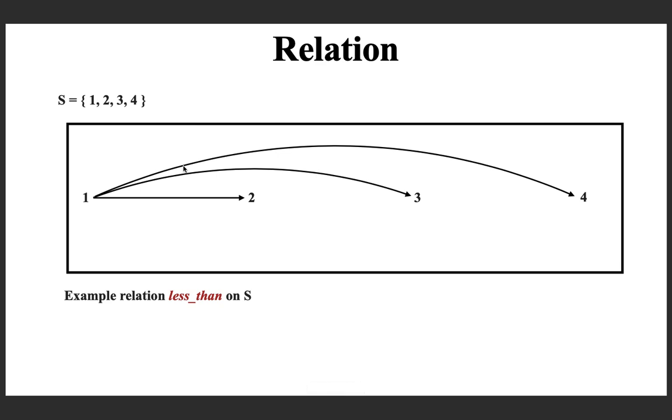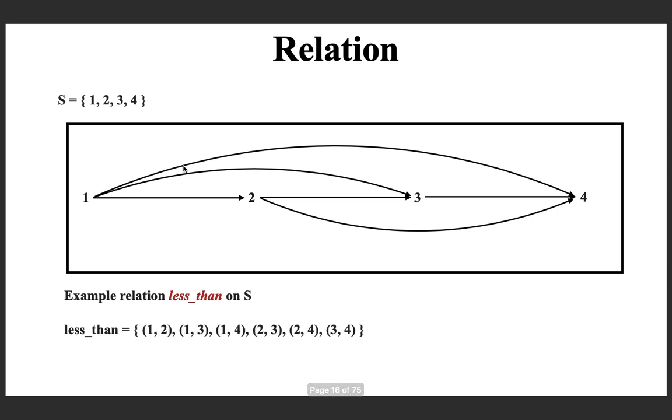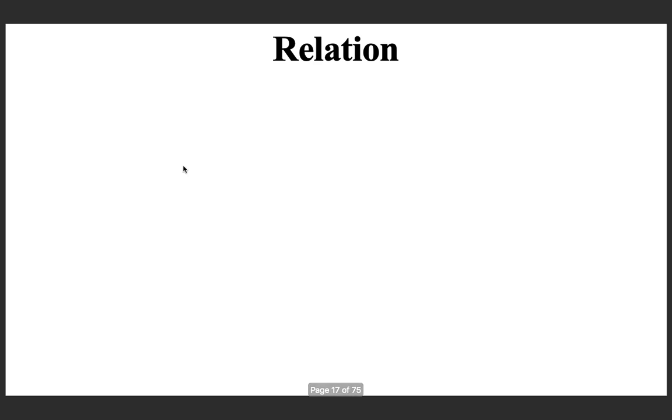If you look at all the elements to which 2 is related, 2 is related to 3 because 2 is less than 3. Similarly, 2 is related to 4, and also 3 is less than 4, and all the pairs are listed over here. So, that is again a binary relation.